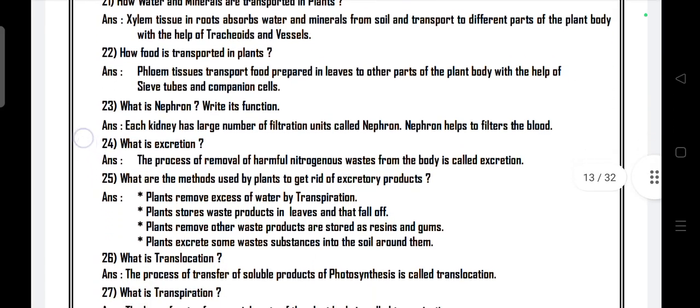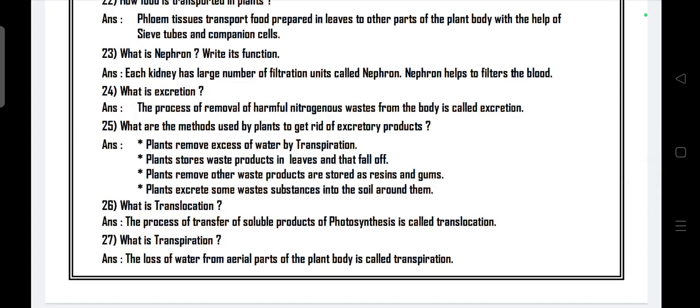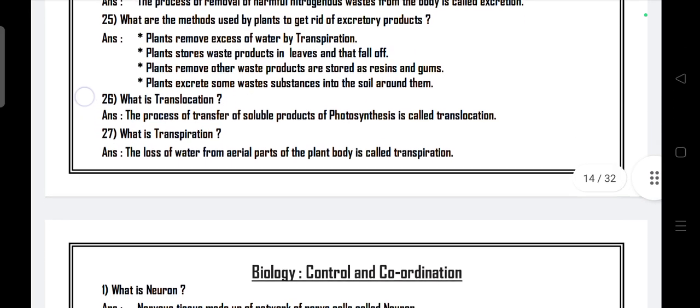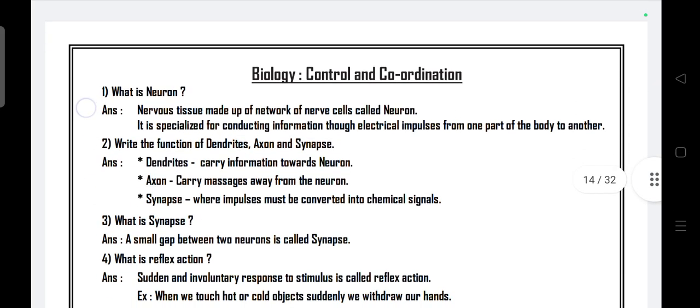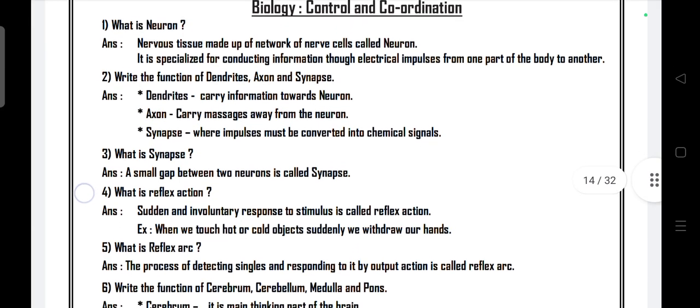So here I am making only about an 8 to 10 minute video. So read this in the morning 10 minutes, evening 10 minutes. You can get ready for your science exam. Control and coordination, important questions from this chapter.